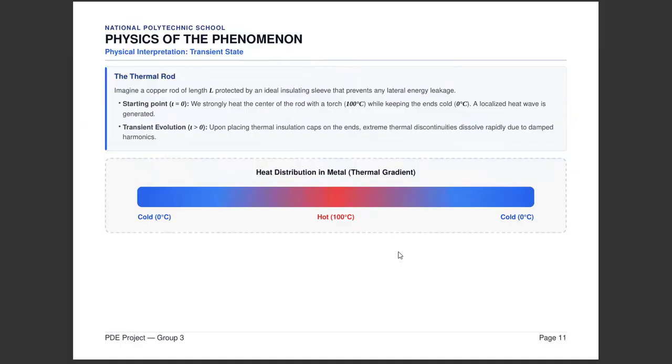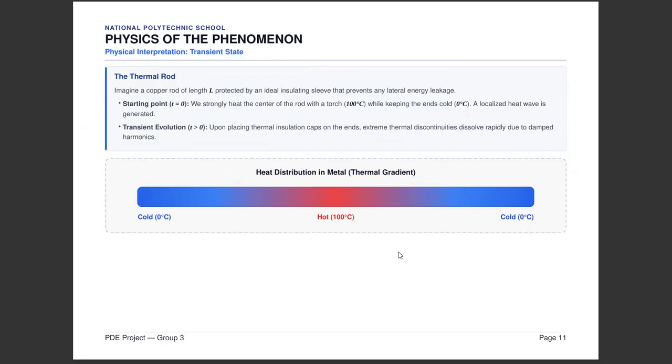Okay, we will see the physical meaning of this equation. As my friends said, imagine a metal rod that is perfectly insulated. Initially, one part of the rod is hotter than the rest. As time passes, heat spreads from the hotter region to the colder regions.